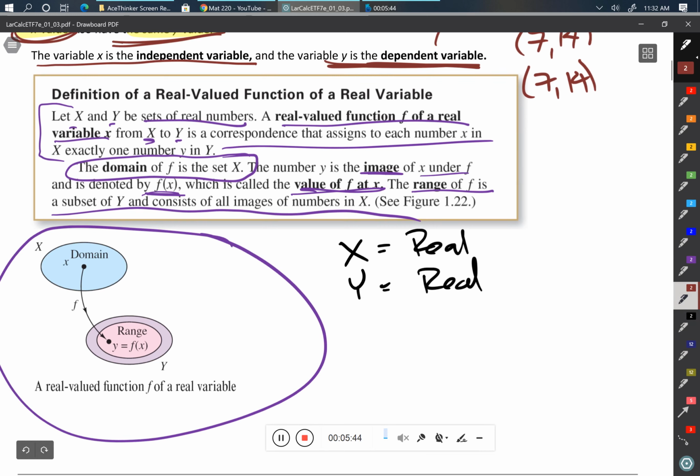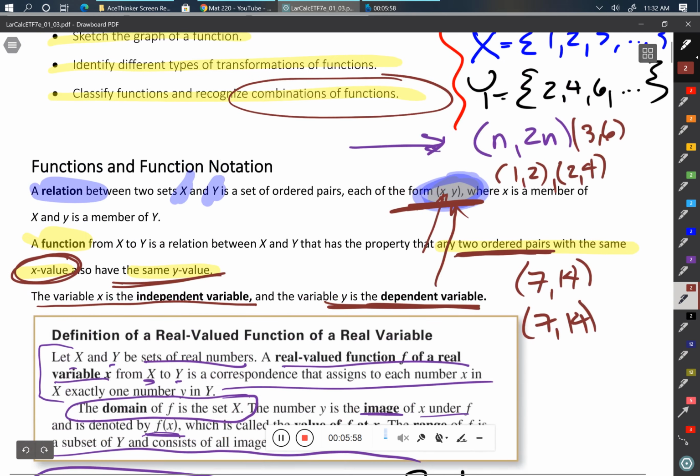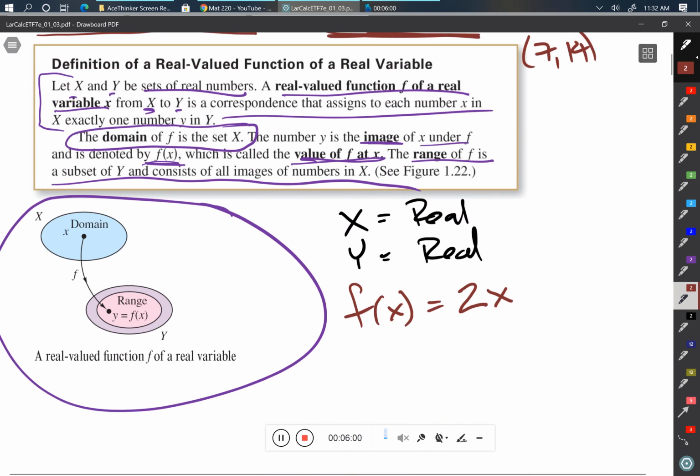And let's say that the function f of x is, I don't know, how about 2x, just to keep things simple. It's basically redoing what we did up here, but now instead of with just some numbers, we're using all the real numbers.